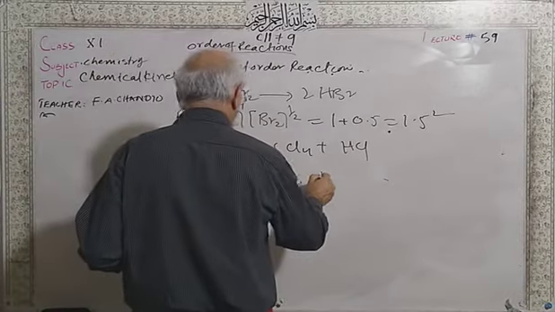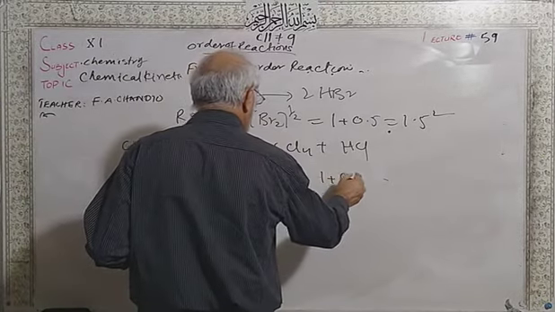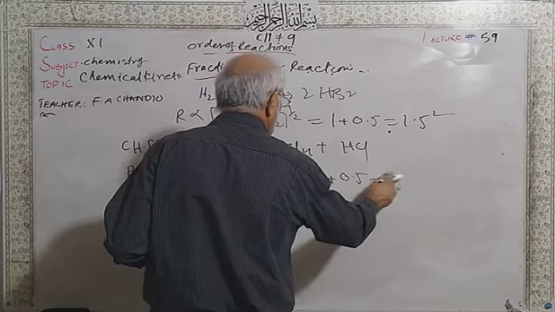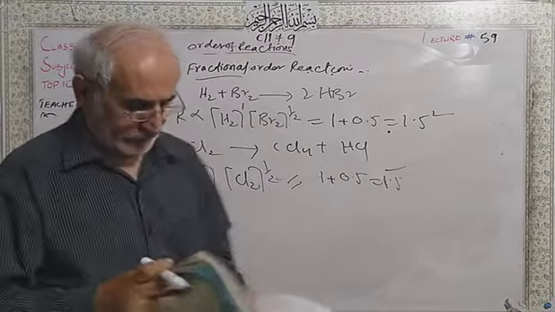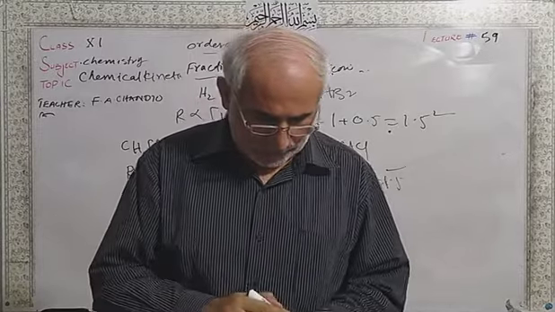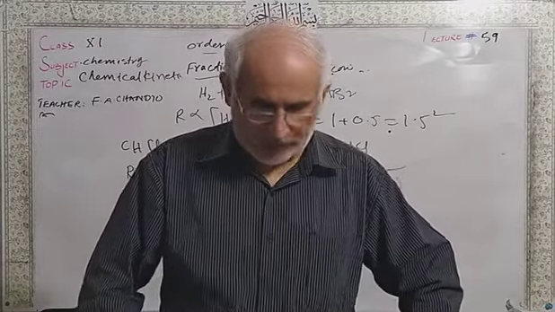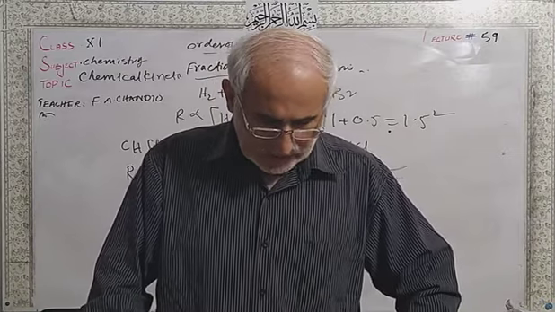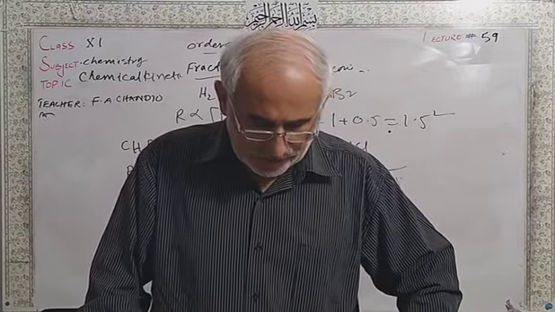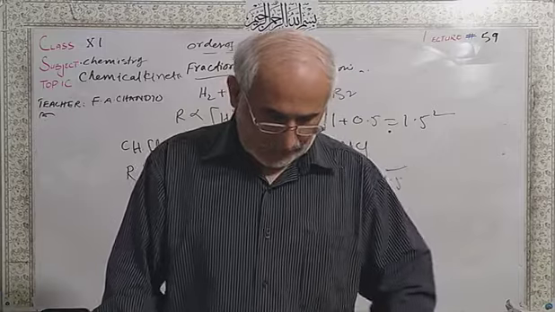So again 1 plus 0.5, so 1.5. Order is 1.5. The reaction for which the sum of the exponents of the rate equation is a fraction is called a fractional order reaction.